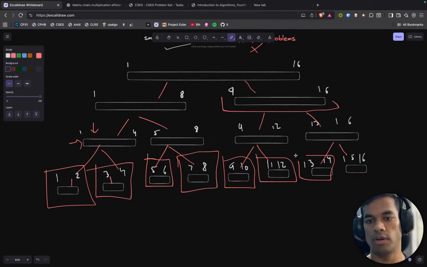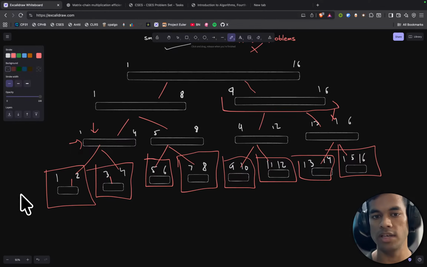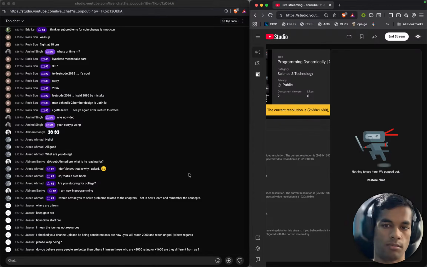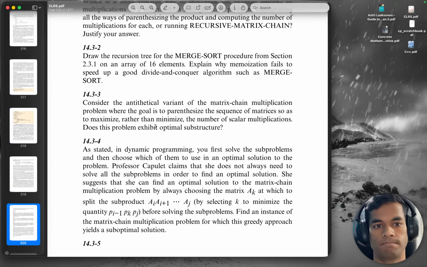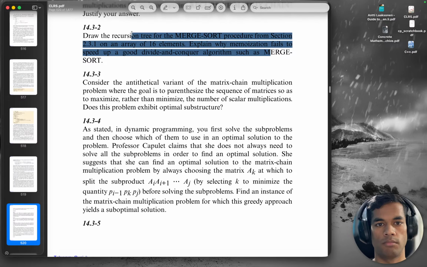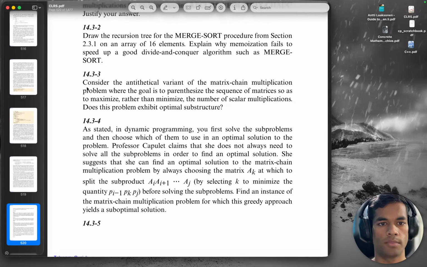Therefore, memoization is not useful here, so we do not use memoization with merge sort.